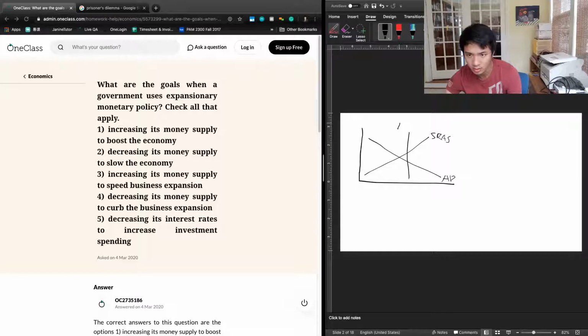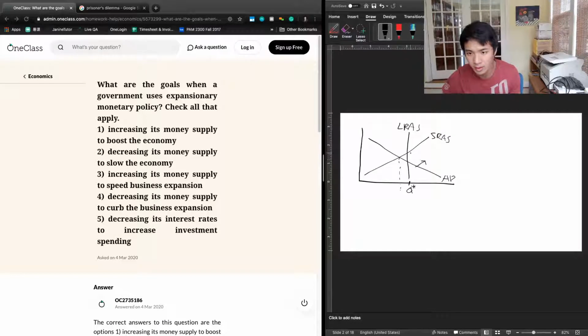Here you have this recessionary gap, where the economy is producing at this GDP level, and you would want it to be at this optimal Q star level, right? So it's too small. And so you want to stimulate the economy, basically shift aggregate demand to the right.